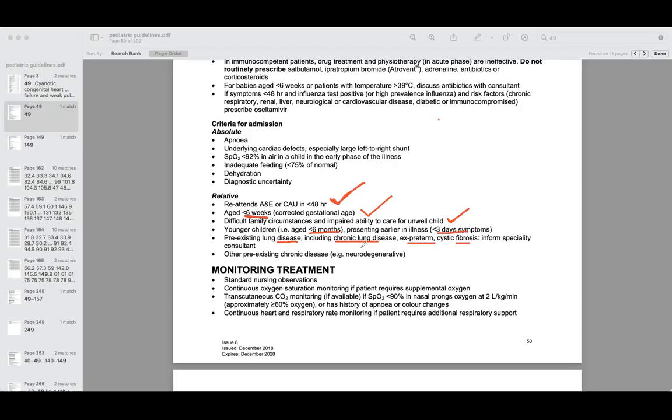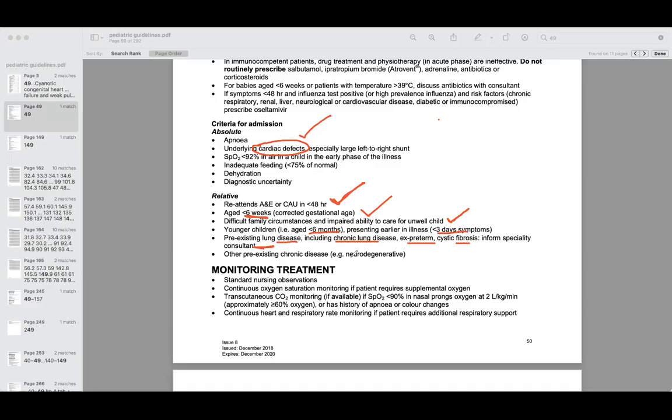See, for lung disease he has put relative, but for cardiac he has put absolute. Keep this in mind. Any child with cardiac defect presenting with bronchiolitis is for admission. But for lung disease you can consider it relative: chronic lung disease, ex-preterm, cystic fibrosis, inform the specialty consultant and take reference from the consultant.